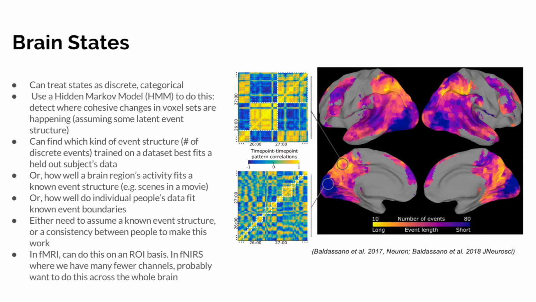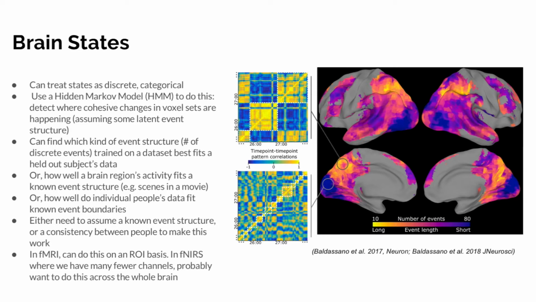You can find the event structure, the number of discrete events, by training it on a data set and then fitting that to a held out subject's data. Or you could ask how well a brain region's activity fits a known event structure, such as the scenes in a movie. Or how well do people's data fit these known event boundaries? Are some people better at shifting the events than others?